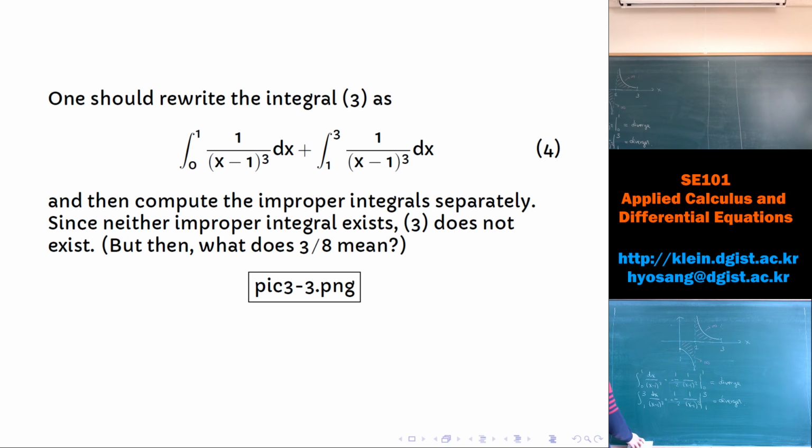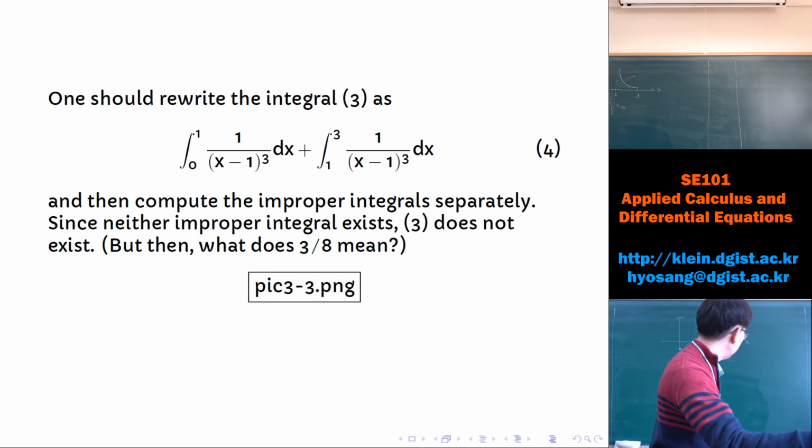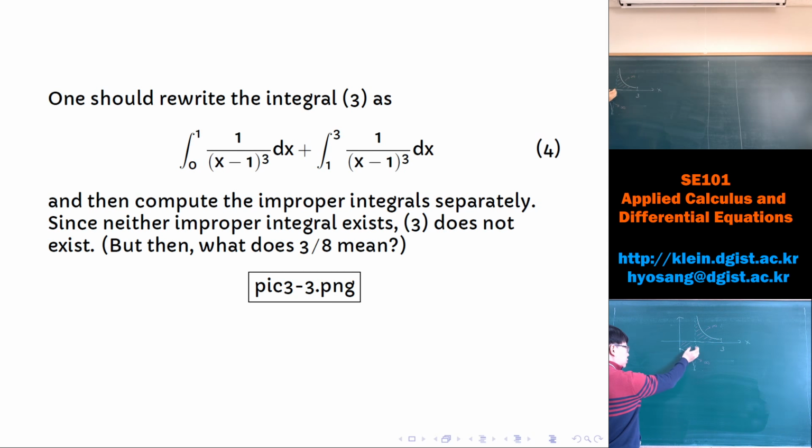So forget about the definition that we defined previously. There's another way of defining the integral of a function which is not continuous. So what's the other way? You have a function discontinuous at the middle of this interval, right?